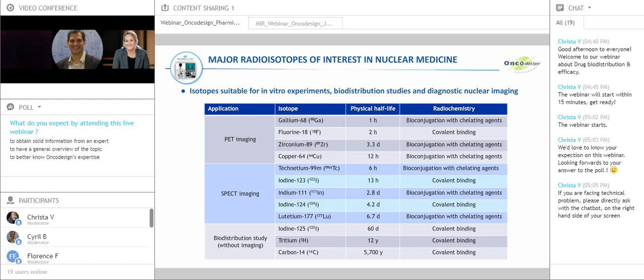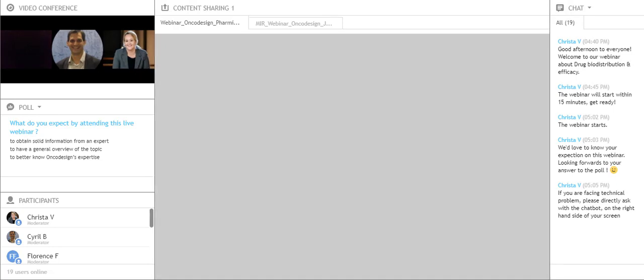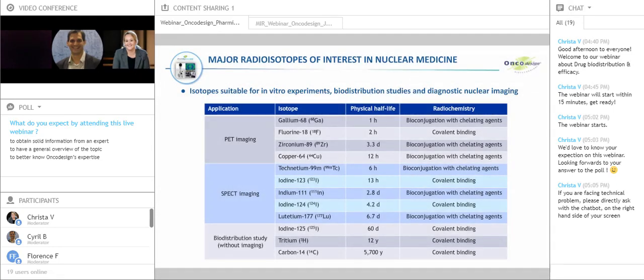For SPECT imaging, one of the standard ones is technetium, that is 6 hours. Indium is a very good one for most proteins or antibodies because you can go up to 2.8 days with a signal. Iodine is one of them. And lutetium is also a good one, but mainly when you want to go to therapy.